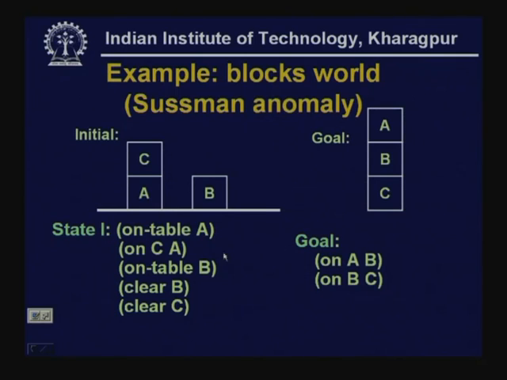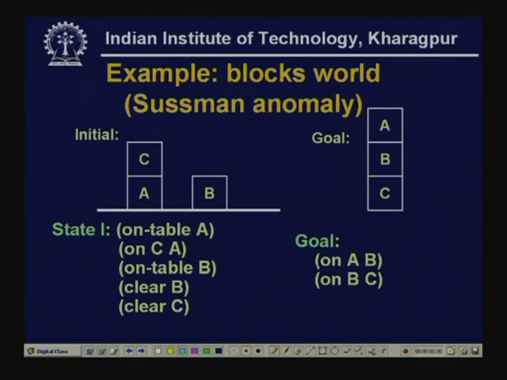Before we do our POP algorithm on this problem, let us look at the representation of the initial state and the goal. The goal is represented by A is on B and B is on C. Note that we mentioned that we can represent a goal by a subset of the conditions that hold.